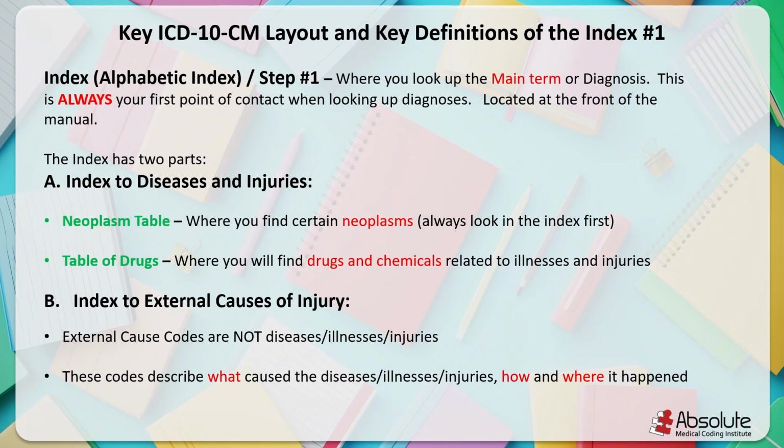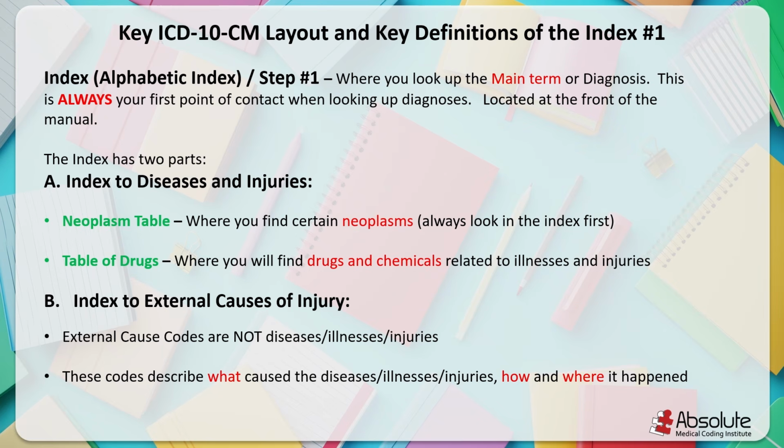Maybe they were cooking with an oil. Hot oil caused the burn. That's the what. How did it happen? That's cooking. Where did it happen? In the kitchen. So, yeah, there are codes for it. So, this is how the alphabetic index is laid out, and it is step one.